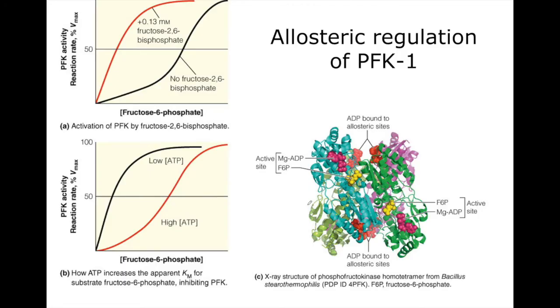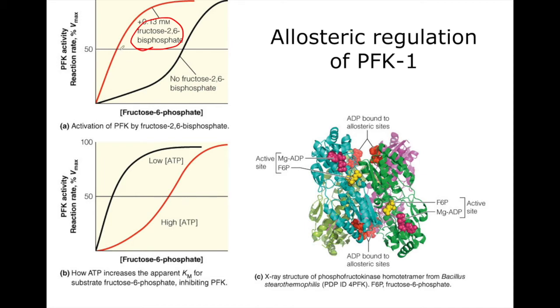Let's look at a couple of activity curves here. Here we have PFK1 activity versus its substrate concentration, fructose 6-phosphate. When there's no fructose 2,6-bisphosphate, remember this is the activator of our enzyme, we have a sigmoidal shaped curve, but when we begin to add it to our solution, it binds allosterically, shifting our curve to the left.